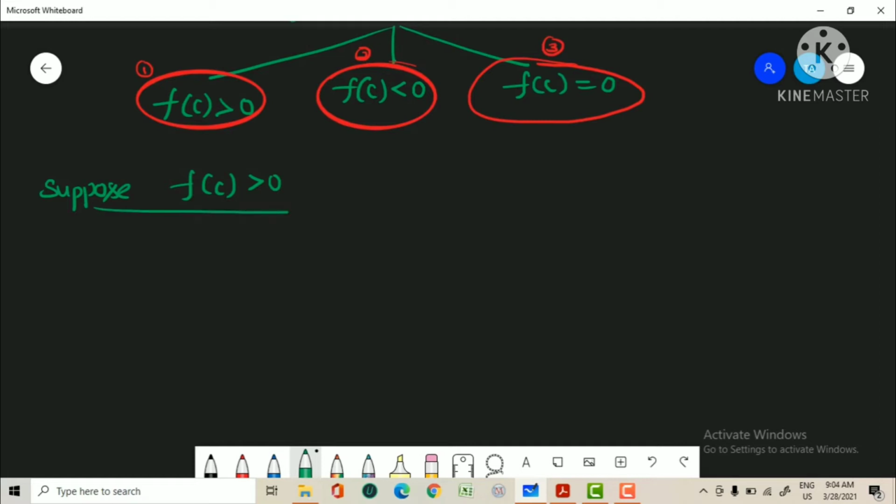Before discussing this case, we should know one concept called neighborhood. I am writing here: neighborhood. Okay, suppose you have an interval a comma b.